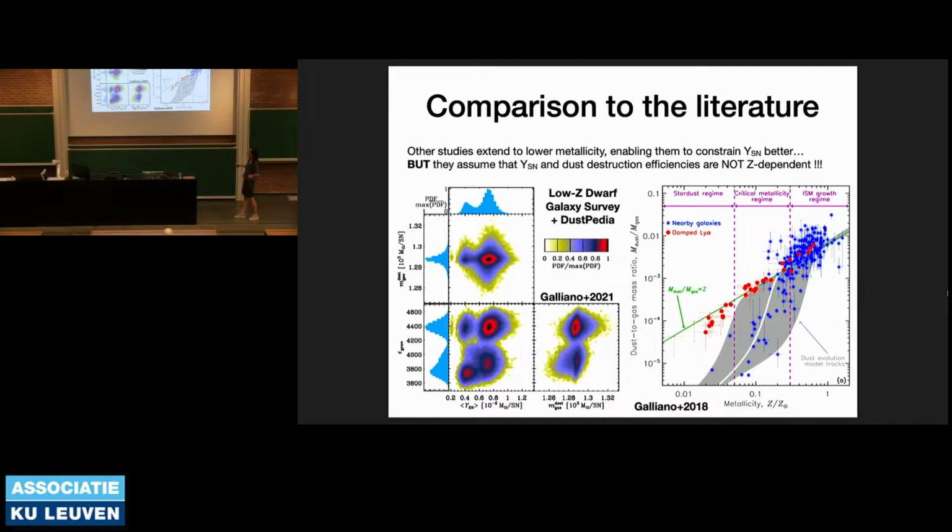This is 10 to the minus 2 solar masses per supernova, so you can tell that he finds a lot lower values. And one aspect of the study is that he goes down to much lower metallicities than we do, so really considering the data points here, while probably our data stops somewhere around here.